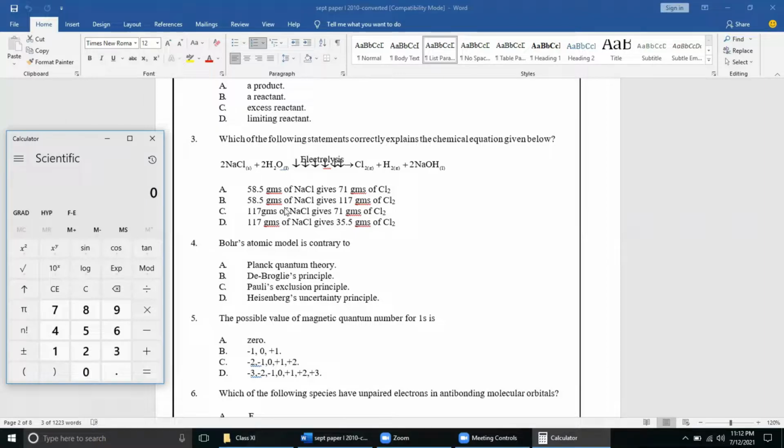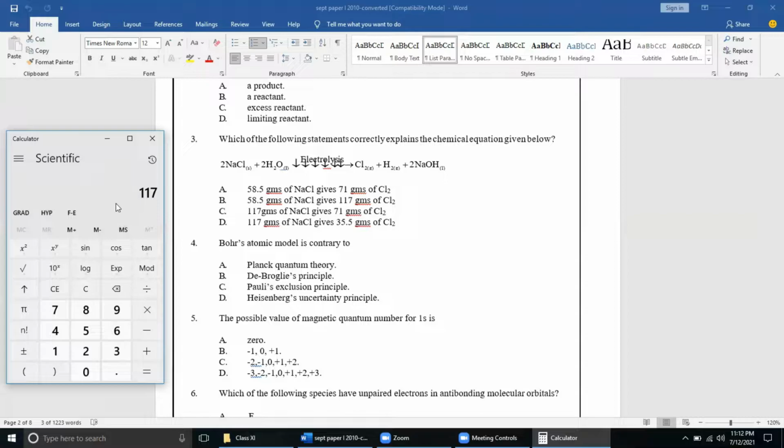Here also 58.5 is written, so this is also wrong. The next option is 117 grams of NaCl gives 71 grams of chlorine. Let's see, the mass of 2 moles of NaCl will be 117 or what. So 23 plus 35.5 is 58.5, multiplied by 2.